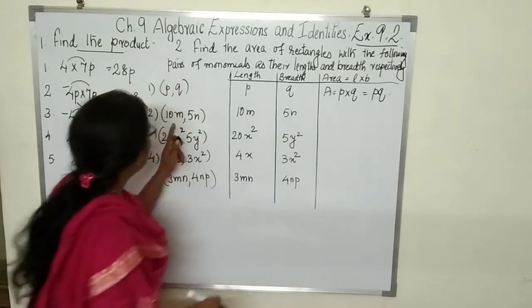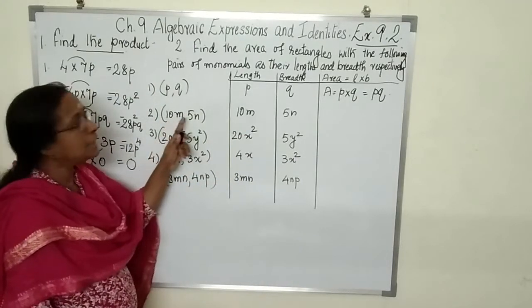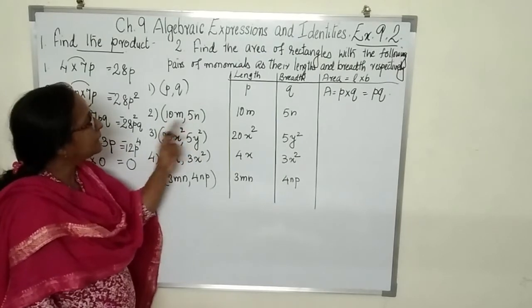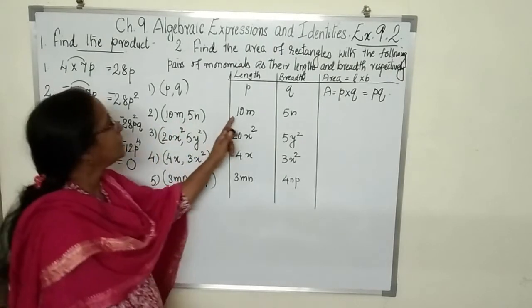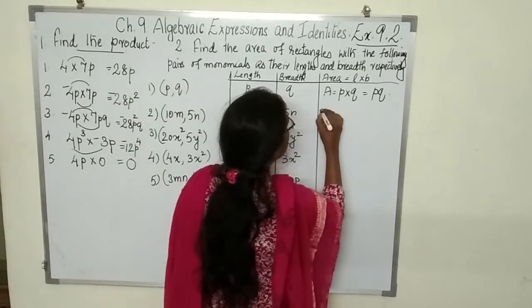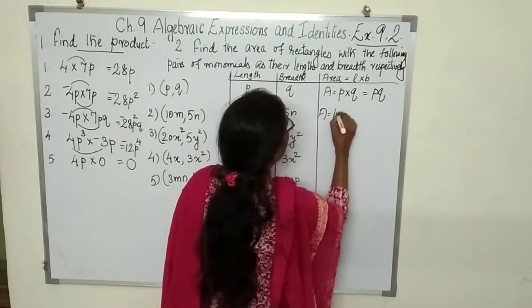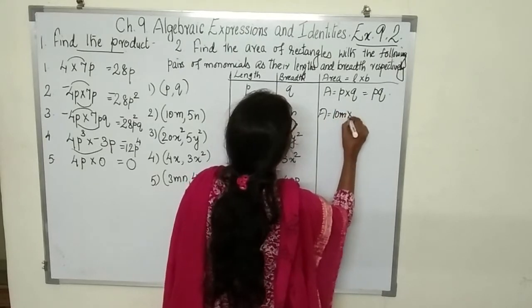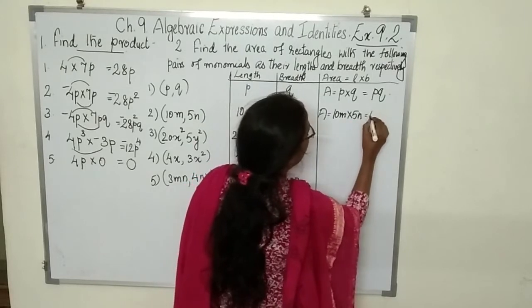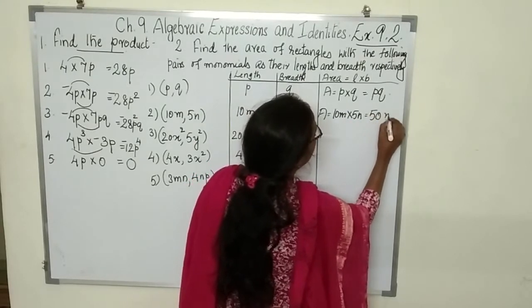Here the length is 10 m and the breadth is 5 n. So the area is equal to 10 m multiplied by 5 n, which is 10 5s are 50 mn.